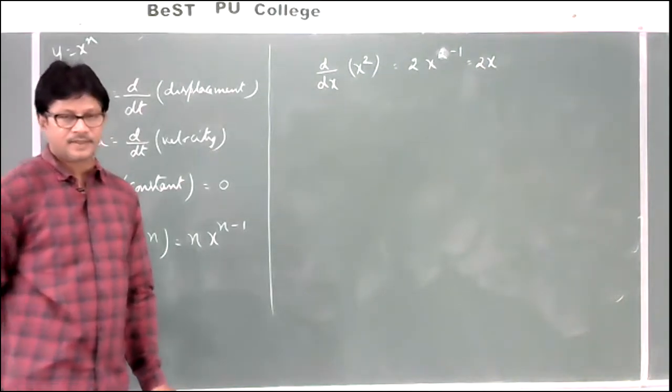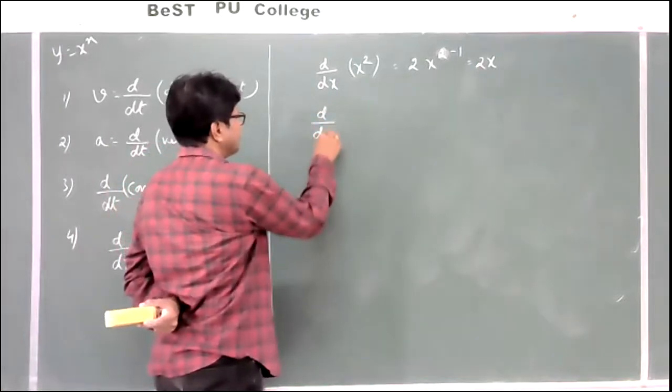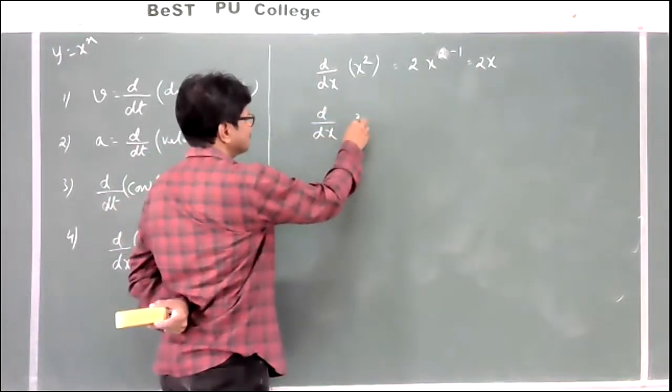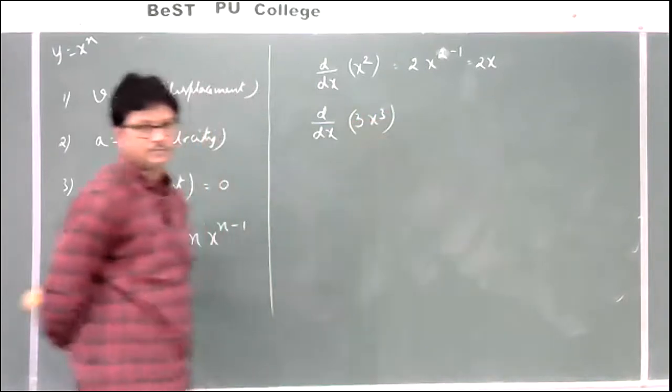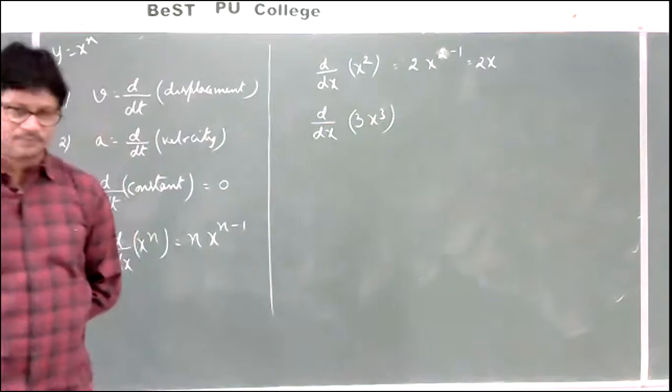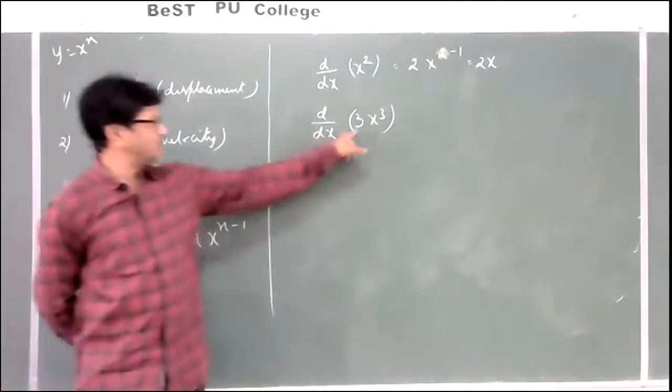Similarly, d by dx of 3x cube. Where 3 is the coefficient of x cube.